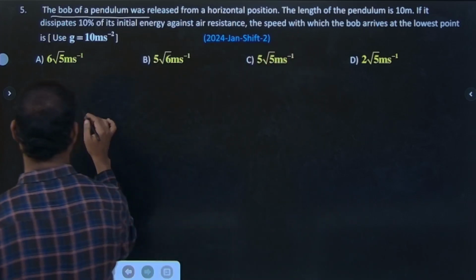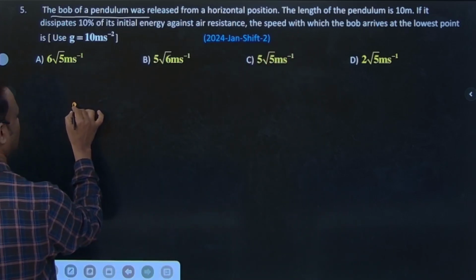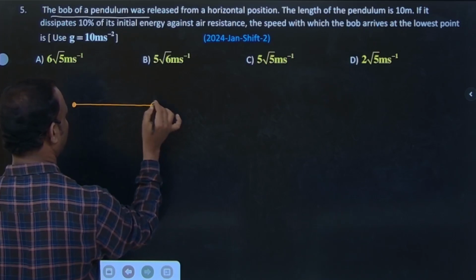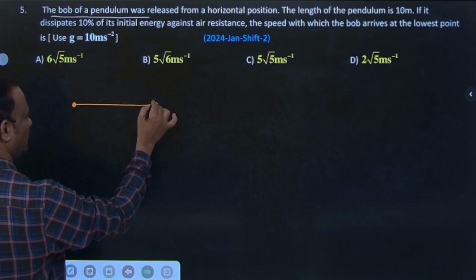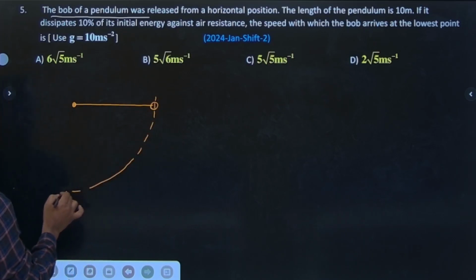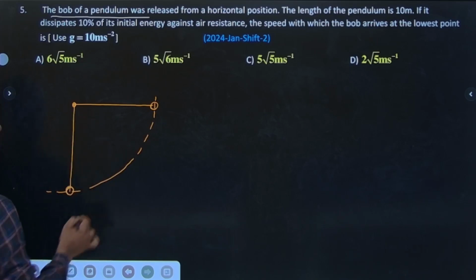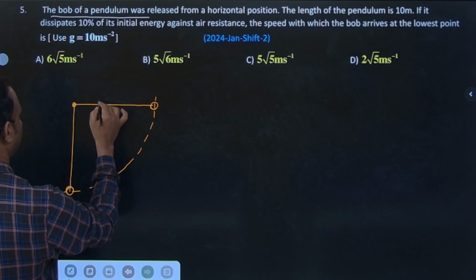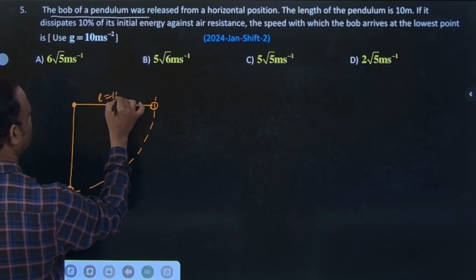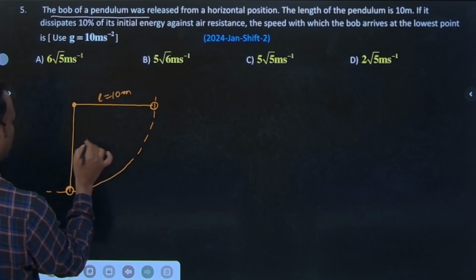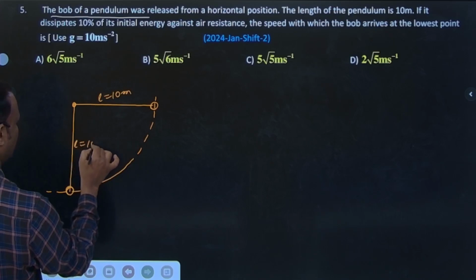This is the horizontal position, here is the bob, and it's released from here. Its path will be like this, so it came to this position. L is equal to 10 meter.